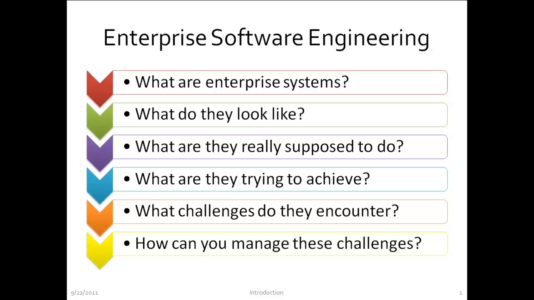Fifth, we will classify the challenges that the engineering of enterprise systems encounters. Finally, we will introduce how we can manage these challenges. And by the way, that's what most of this class will be about: methods to reason about and manage the challenges of engineering enterprise systems. Does that make sense? If so, let's go on.